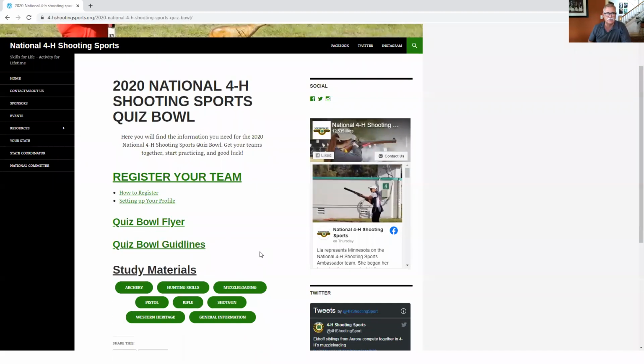The information is available on the website. It is free for all enrolled 4-H members to participate in. They can participate as an individual, or they can participate in a team. We will recognize individuals at the state level, the regional level, and the national level.